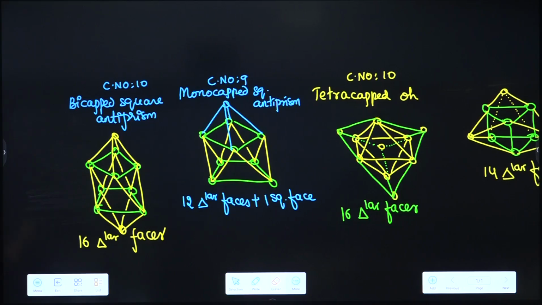Still I can pass C4, but the C2 perpendicular to C4 will be gone. So monocapped square antiprism belongs to C4v. Bicapped square antiprism, again D4d. Just as its parent, it will retain D4d.